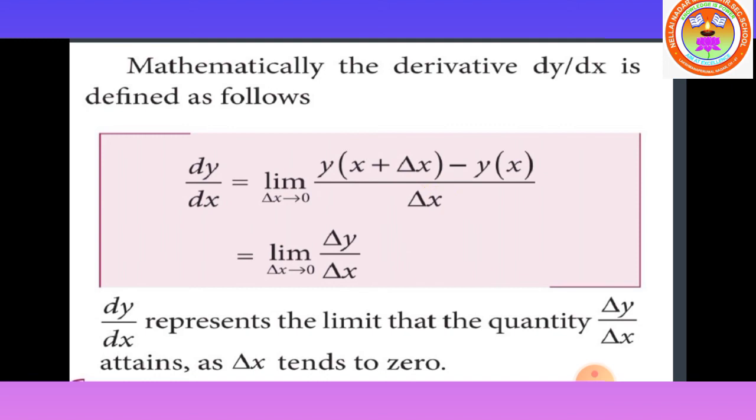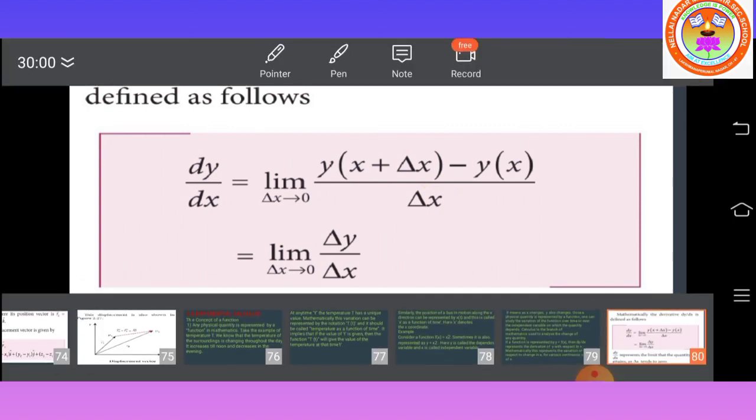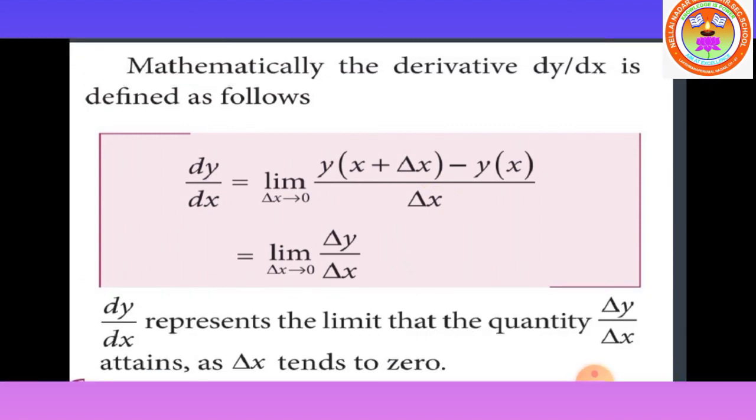Next step, it can be written as y of x plus del x minus y of x; y of x minus y of x cancels. So this becomes del y divided by del x.